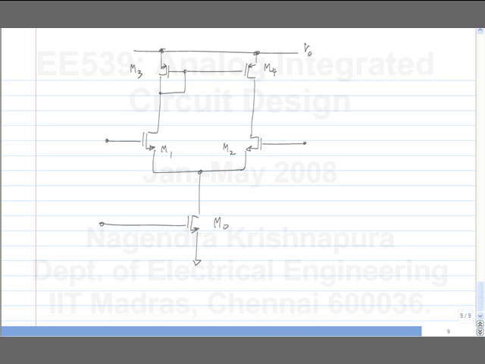So, what is the quiescent output voltage again? In absence of any asymmetry, it is VDD minus VGS3.